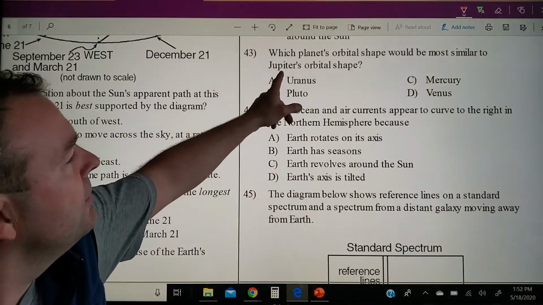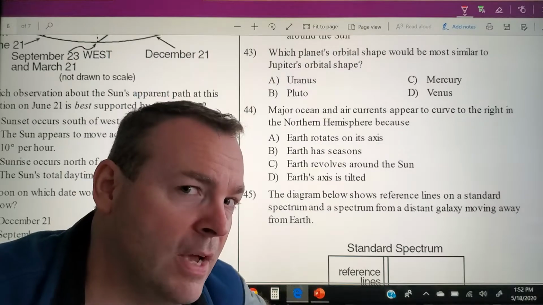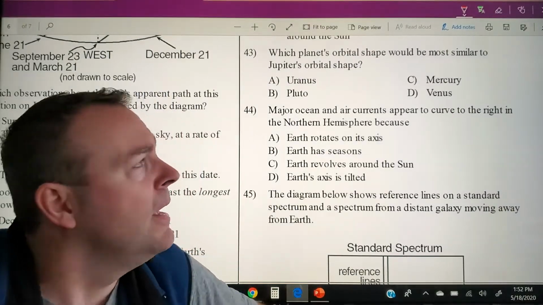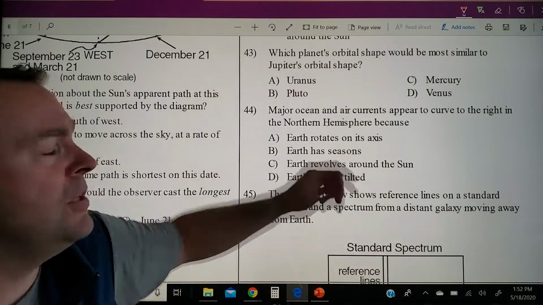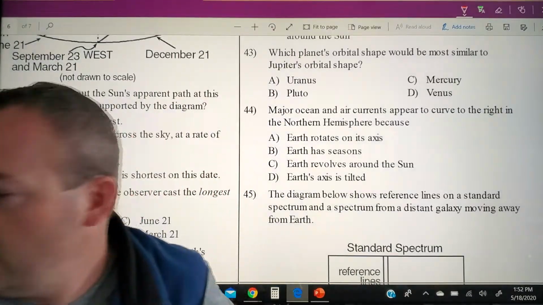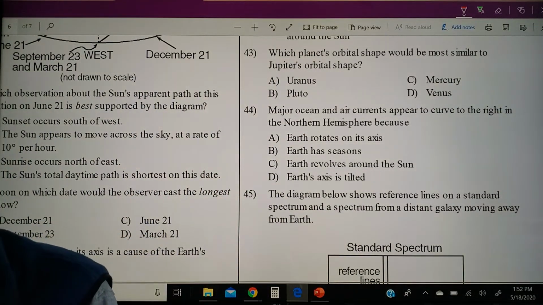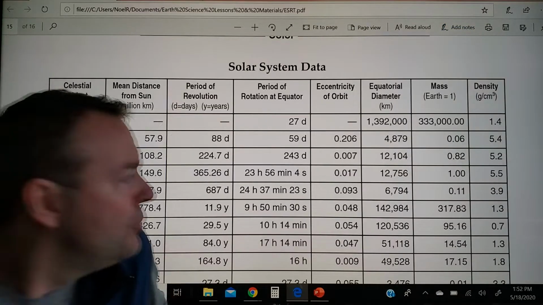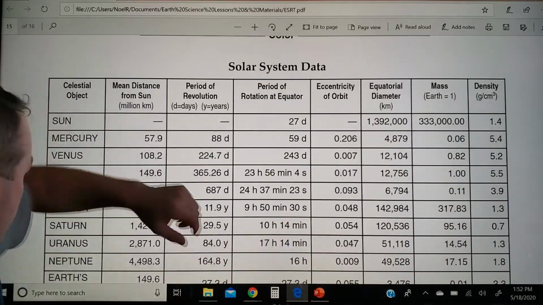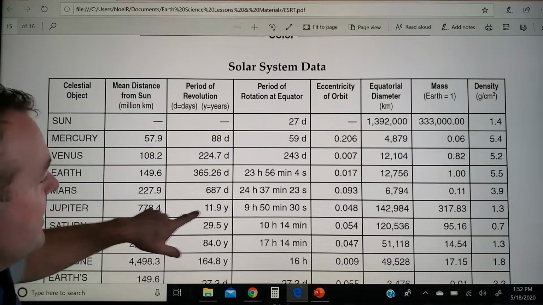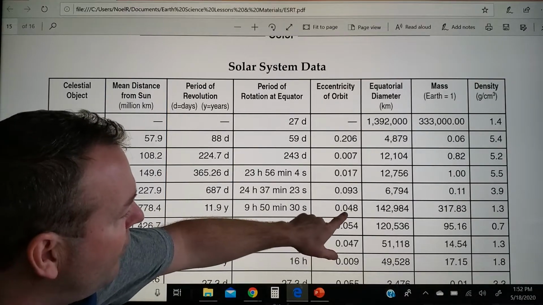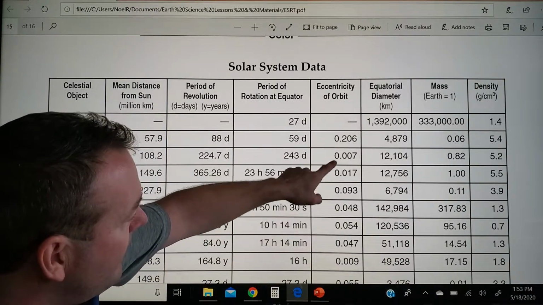So, most similar to Jupiter, well, that's not something you know off the top of your head. You've got to go to the tables, and you would have to have a similar eccentricity to Jupiter's eccentricity. Well, take a look. Jupiter has an eccentricity of 0.048. So, who's closest to that?